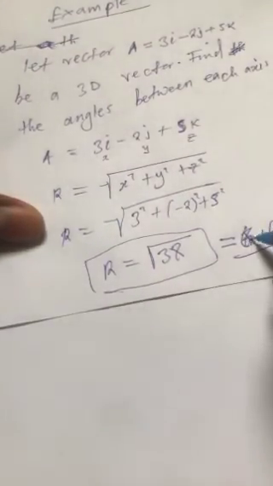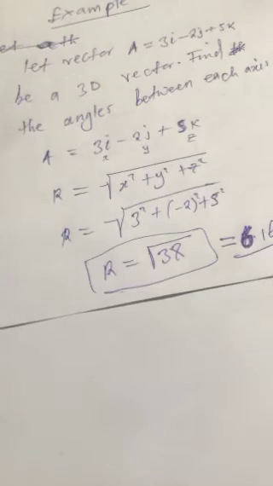For you to find the angle between the x axis and the resultant, you have to say cos alpha has to be equal to, by the way, vector A is equal to 3i minus 2j plus 5k. Sorry, we made a mistake here. This has to be 6. It has to be 6.16, not 8.